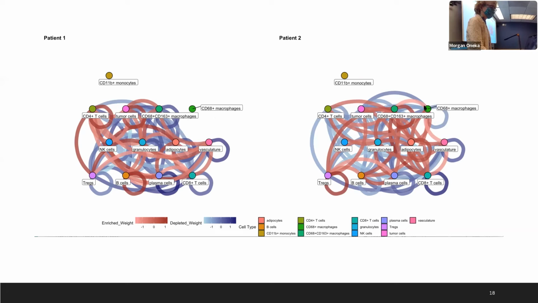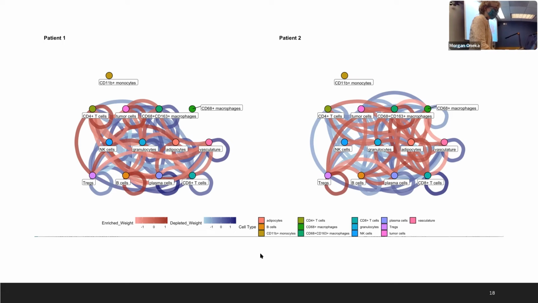We can see a lot of edges going out of this node. So this is basically the kind of analysis that I would do in a meeting with a collaborator, or for a grant application, for example, just pointing out maybe patient 1 and 2 are representative of different groups. And so we can say, okay, we see these key differences between these two groups. So that is the basic usage of these comparison plots.